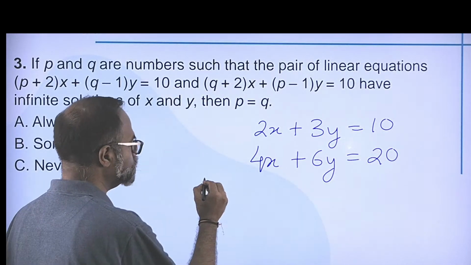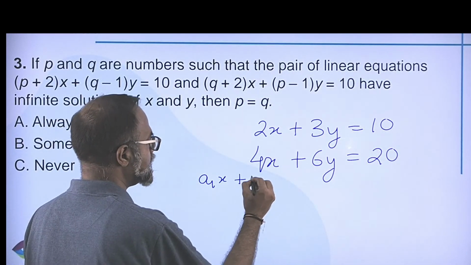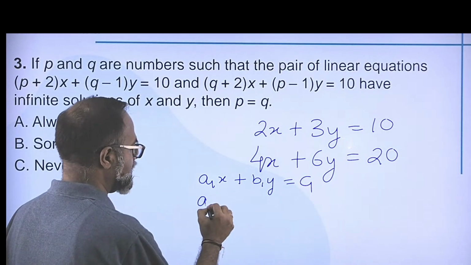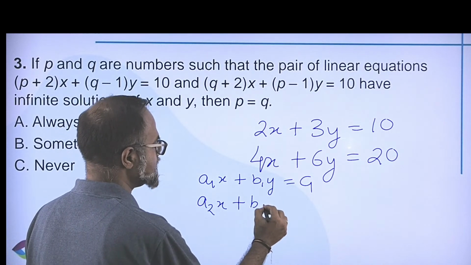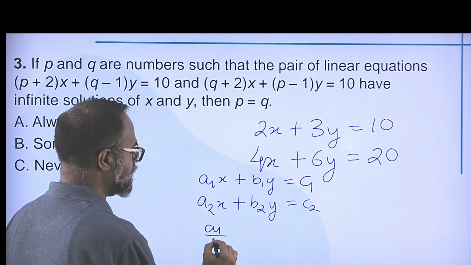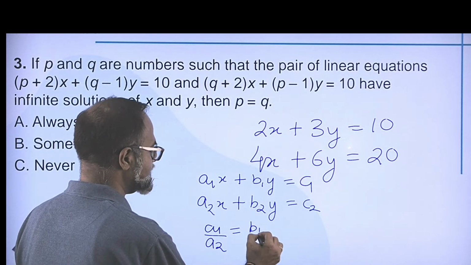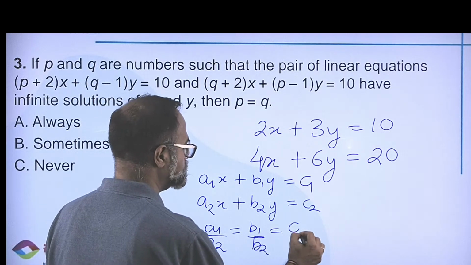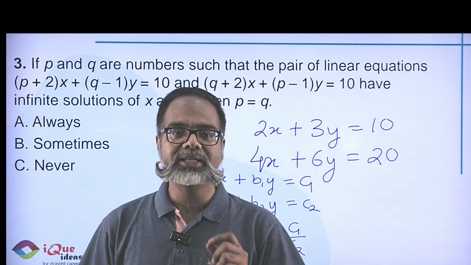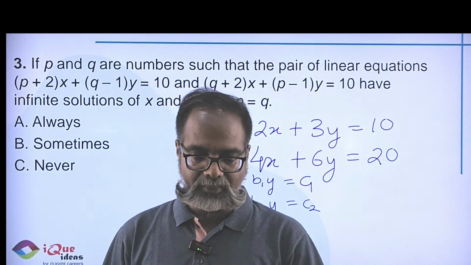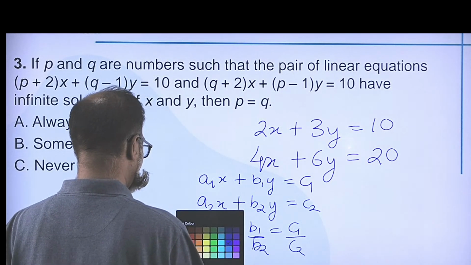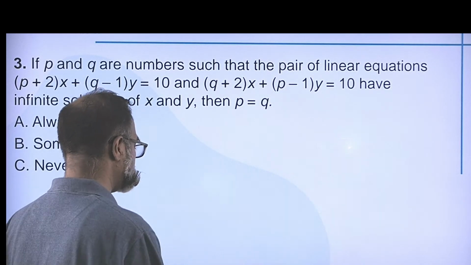So for two equations, a1x plus b1y is equal to, let's say, C1, and A2x plus B2y is equal to C2. If A1 upon A2 is the same as B1 upon B2 is the same as C1 upon C2, then this system will have infinite number of solutions. Now, what do I need to do? I need to apply this concept to the given problem.